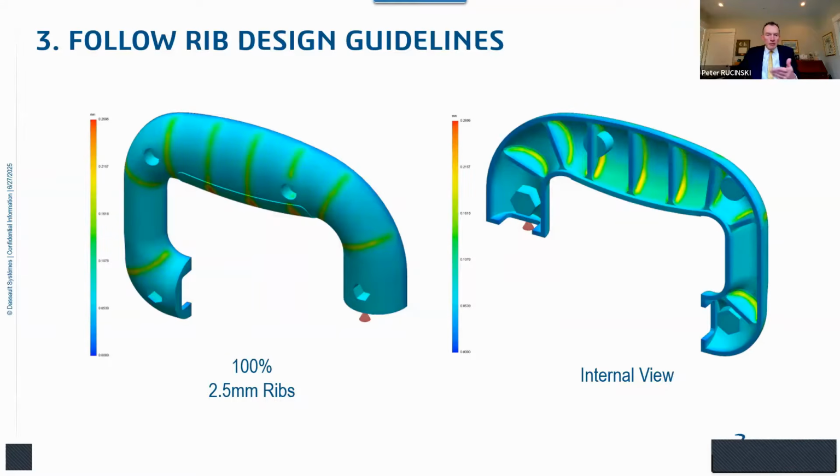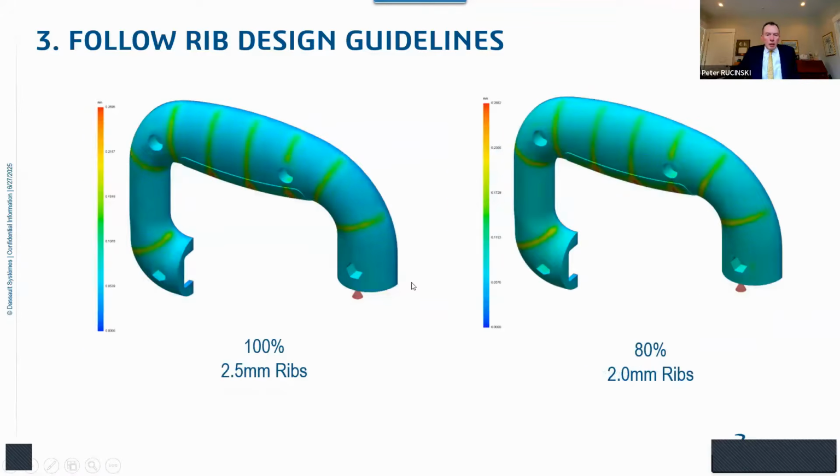Here's an example. We have this handle with these reinforcing ribs. This is showing you the exterior and the interior of the handle, where the base of the ribs is the same thickness as our nominal wall thickness, 2.5 millimeters. And then what you're seeing here is our sink mark predictions. These green or light green lines that you see are the sink mark predictions.